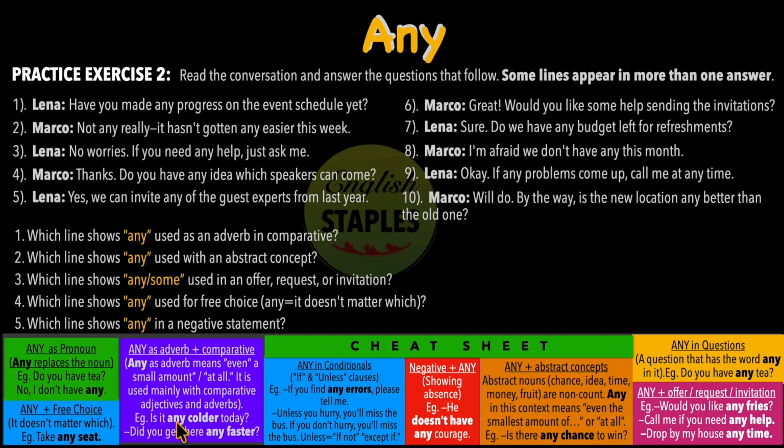If you notice the examples here, any colder, any faster, those words are in bold. So we're looking for a comparative here. In this conversation, which line shows any used as an adverb in comparative? What do you have?